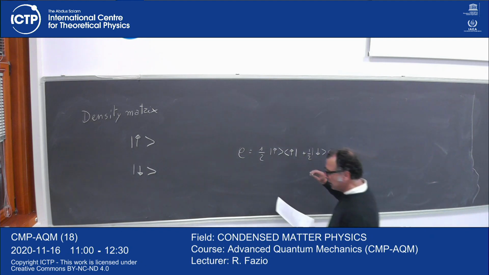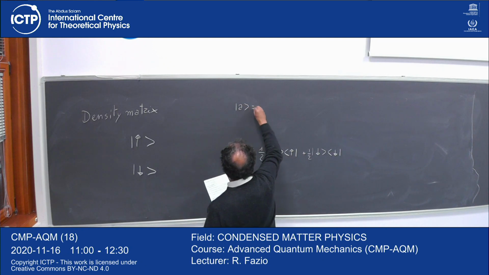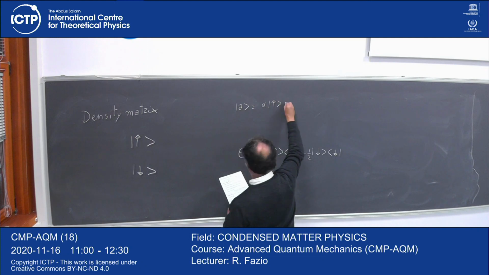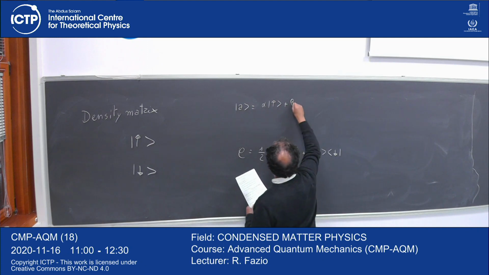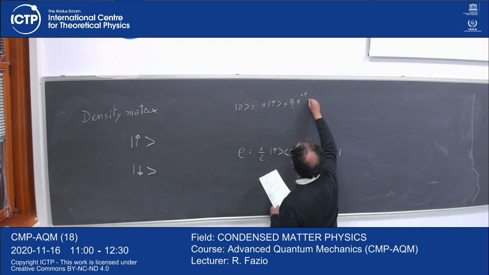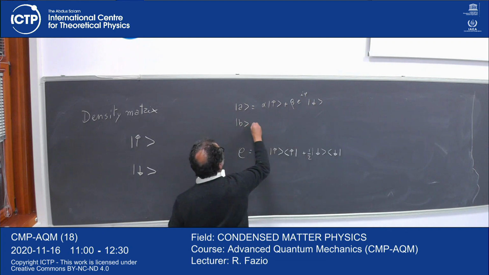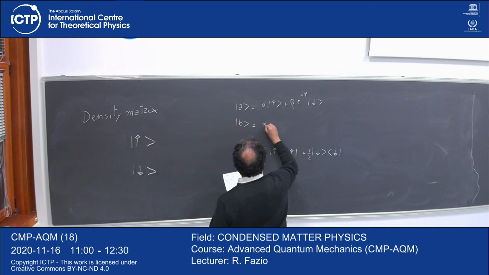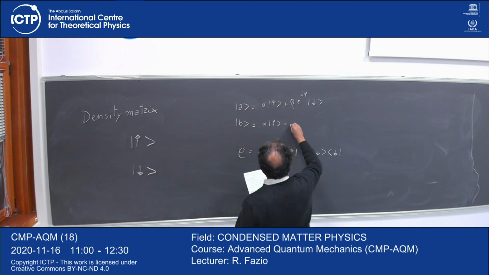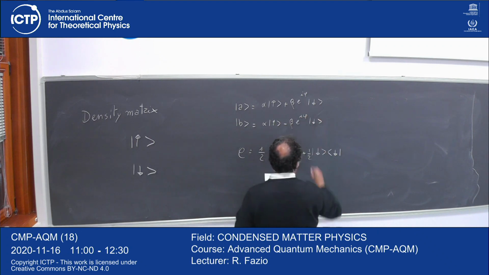So just take those two states. You take the state A, which is alpha up plus beta e to the i phi down, where alpha and beta are real here. And B as alpha up minus beta e to the i phi down.